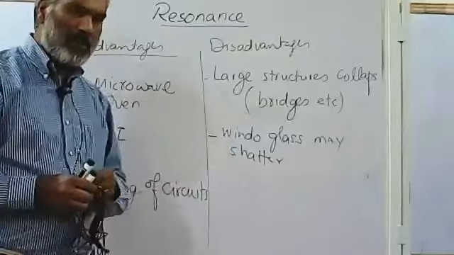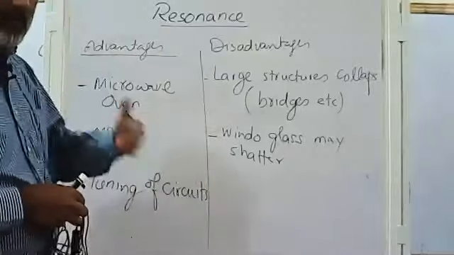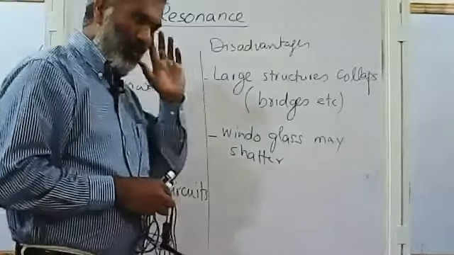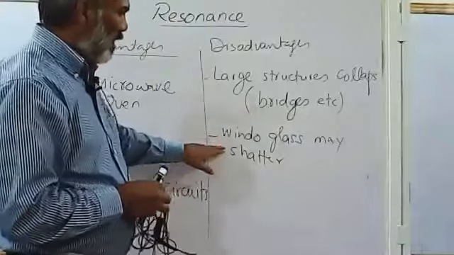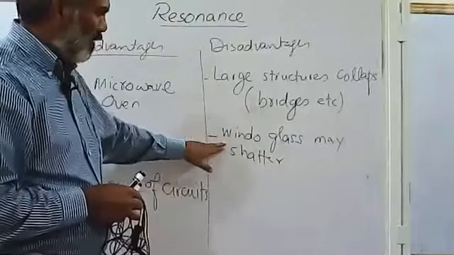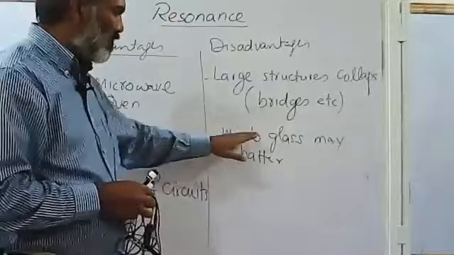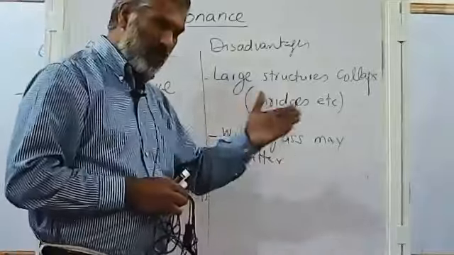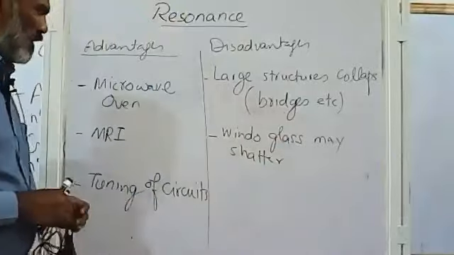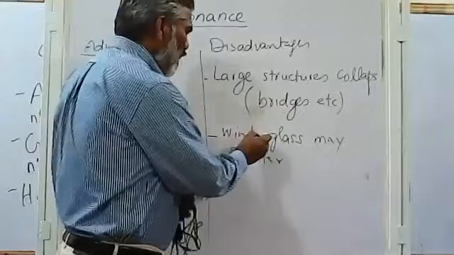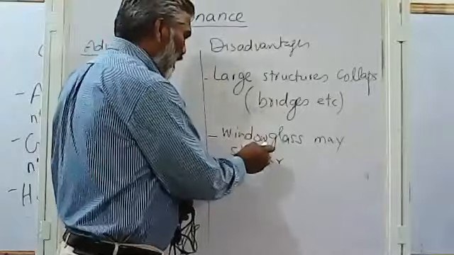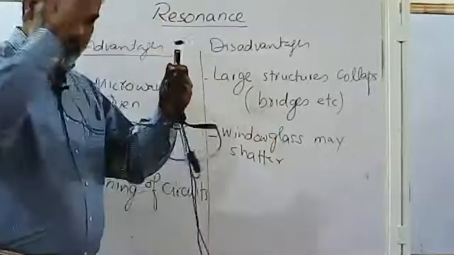It's a very high pitched sound, and the frequency of that sound matches with the natural frequency of vibration of those glasses, and that depends on the size of that glass.